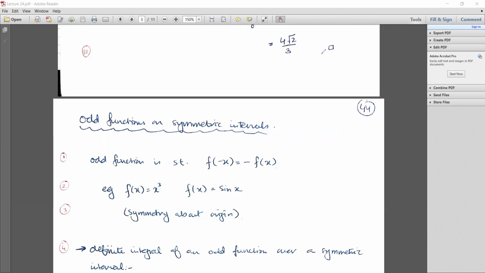So if f is an odd function, then the integral of f of x from any minus a to a will be 0. So if you see such a function, you don't have to go into the details of actually getting the integral. You can directly say that this will be equal to 0, because the area on the left and the right of the origin will cancel each other out.